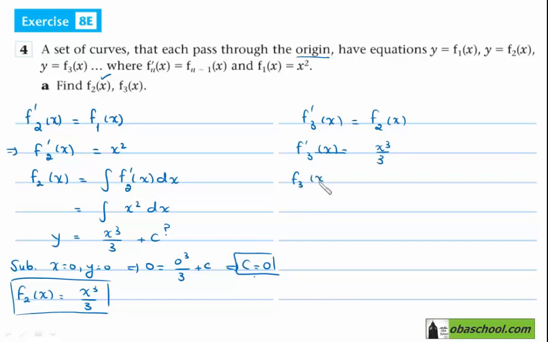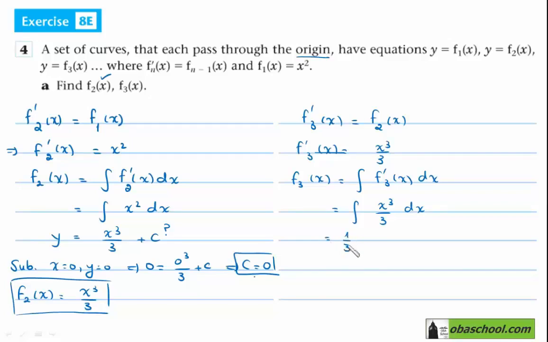Now, in order to find f3 of x, we have to find the integration of f prime 3 of x with respect to x, that is the integration of x cubed over 3 dx.